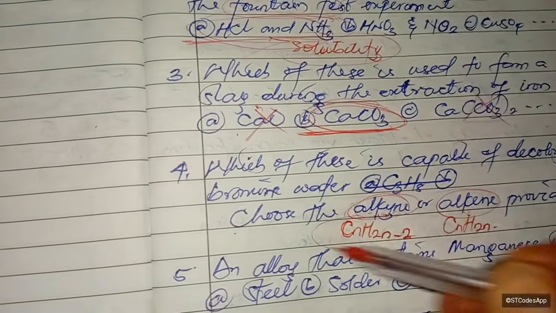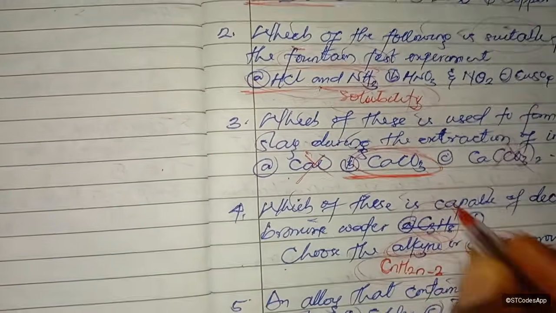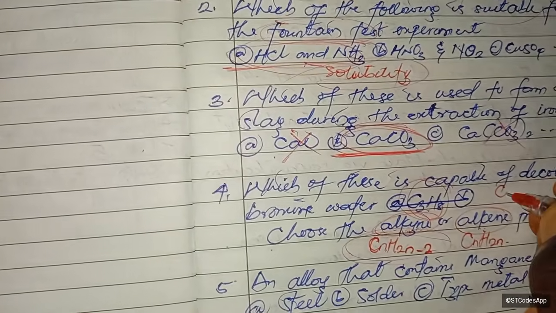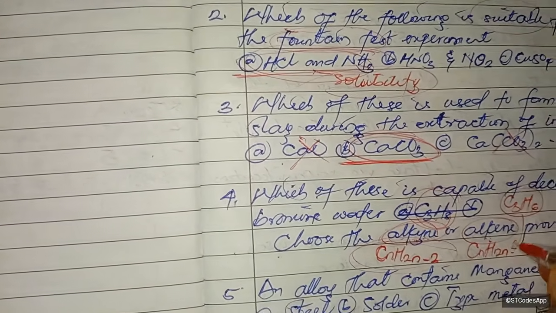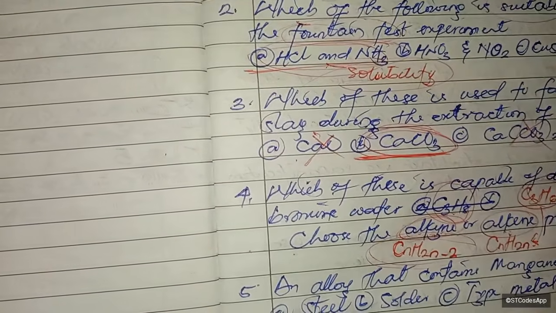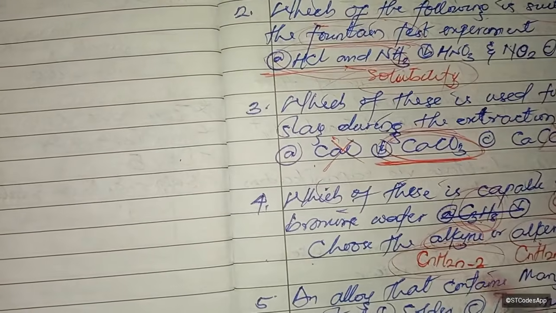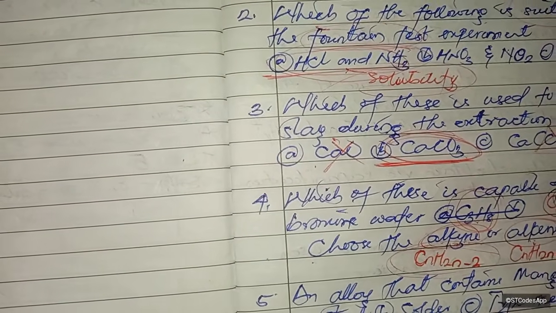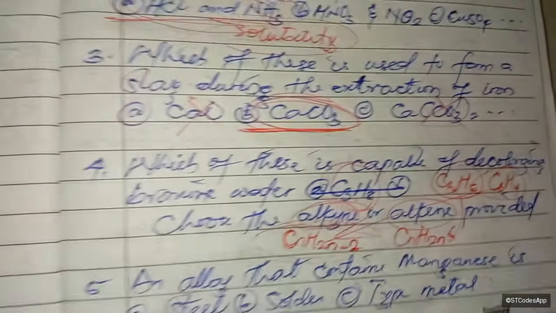For example, if I write C3H8, this is alkane. If I write C3H6, this will be what? Alkene. So this can decolorize bromine water. As well, if I write C3H4, that'll be alkyne.